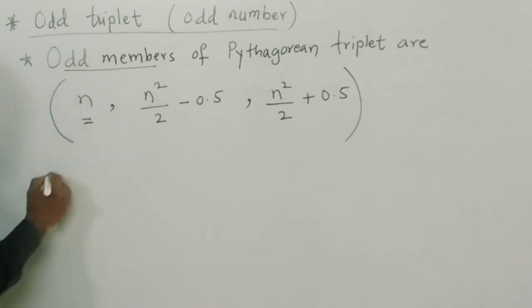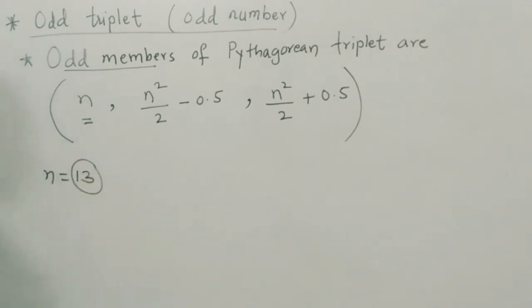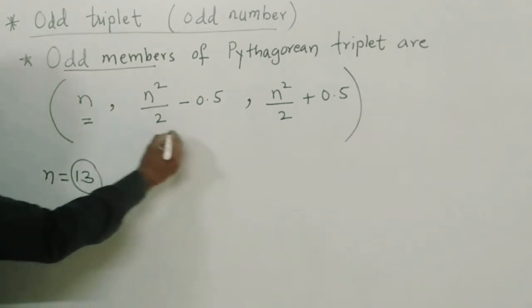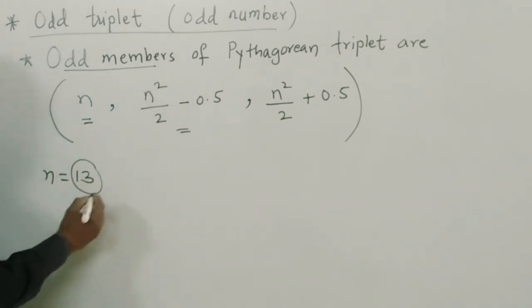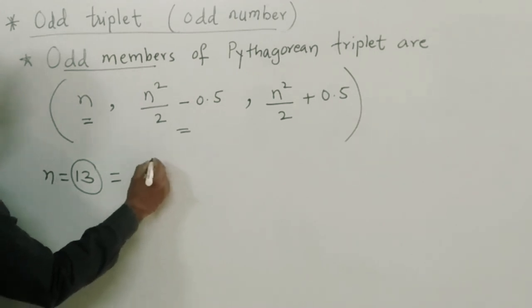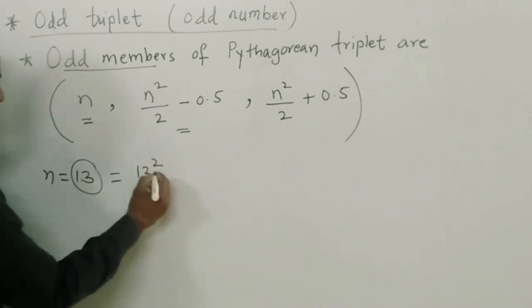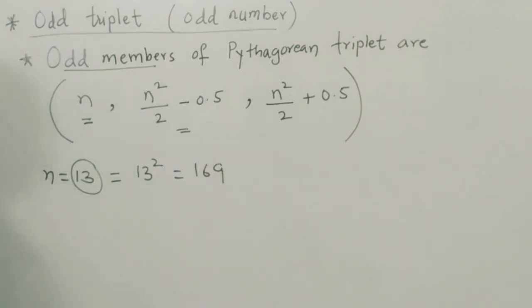Let n be equal to 13. n is 13, the first member of the Pythagorean triplet. Now to find the second member, n square upon 2. So n is 13, first square: 13 square, the square of 13, is equal to 169.